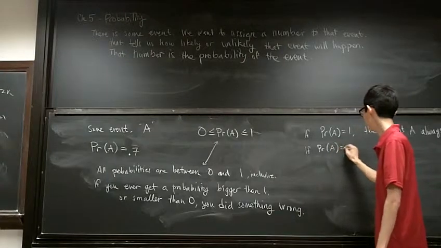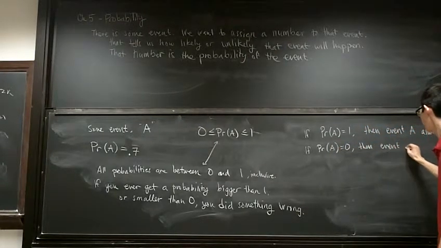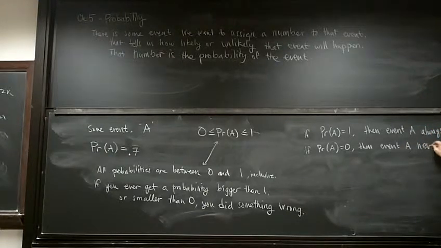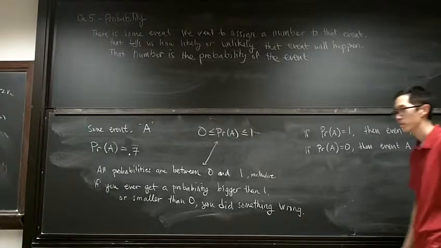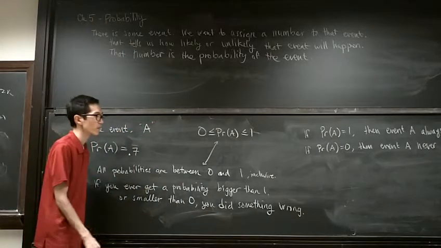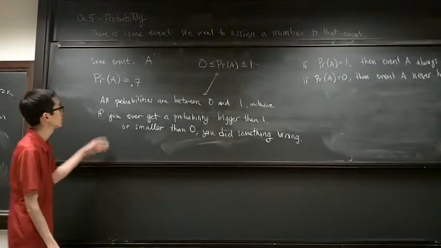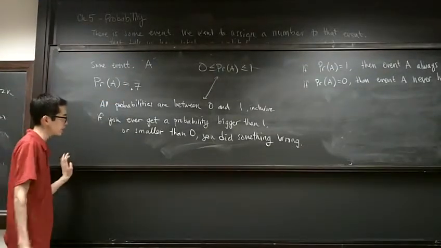If probability of A equals 0, then event A never happens. And everything in between. So, we said probability of A equals 0.7.